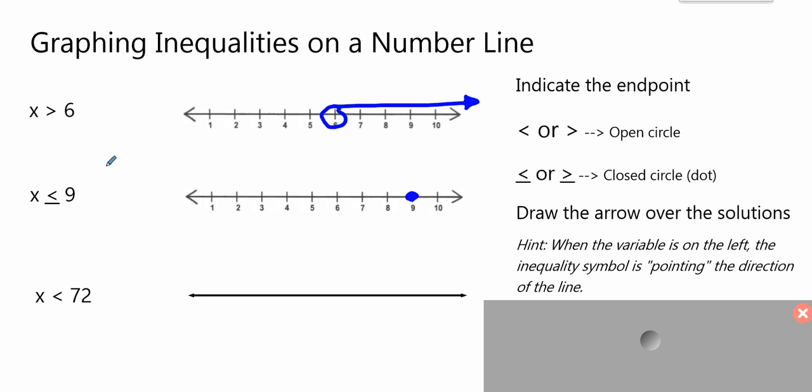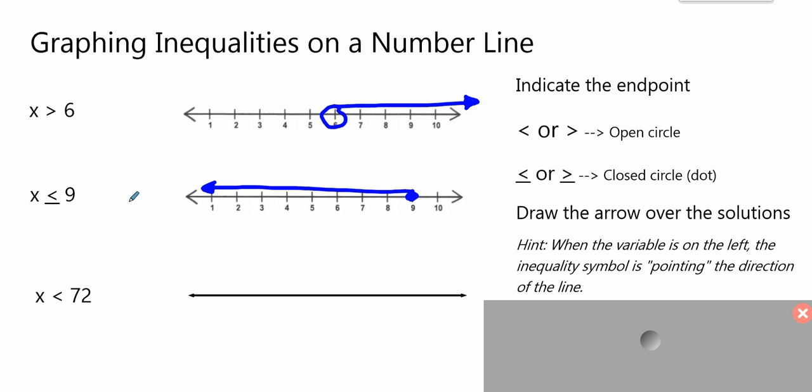Then I ask, what values are less than or equal to 9? I got the equal to part because it's a filled-in dot. And then I'm going to go this way forever and ever. 8, 7, 6, 5, 4, and so on are all going to be less than 9. We can't possibly list them all, so we're going to show them graphically.